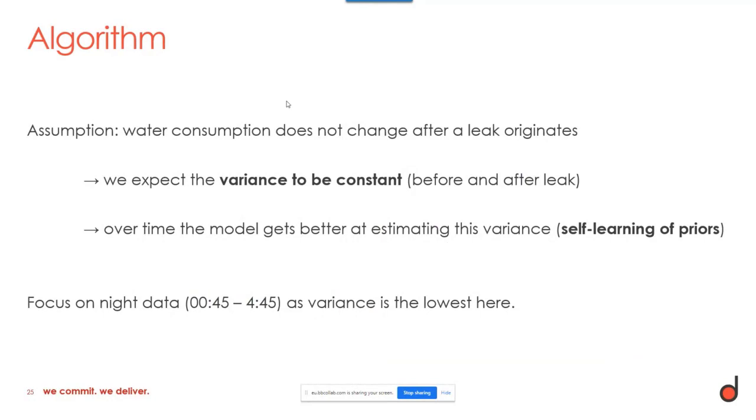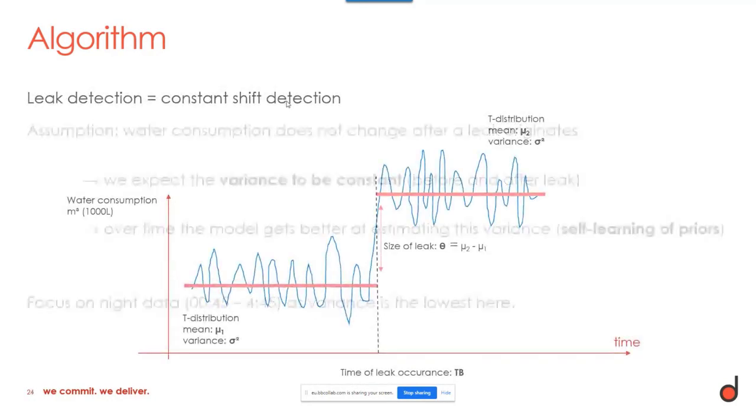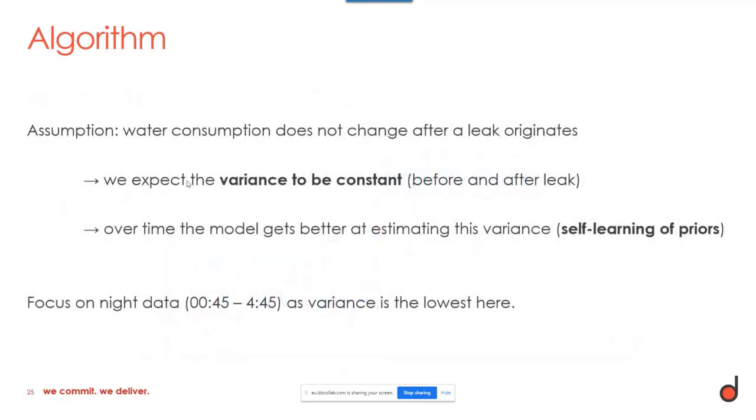The assumption that we made here, and we also saw in the data, was that we expect the variance to be constant before and after the leak. Also, we retrain this variance every time we sample. So over time, the variance will get more accurate and we'll be able to detect smaller leaks as well.